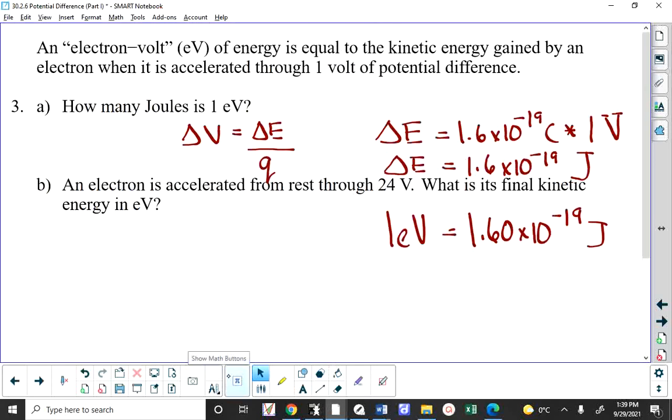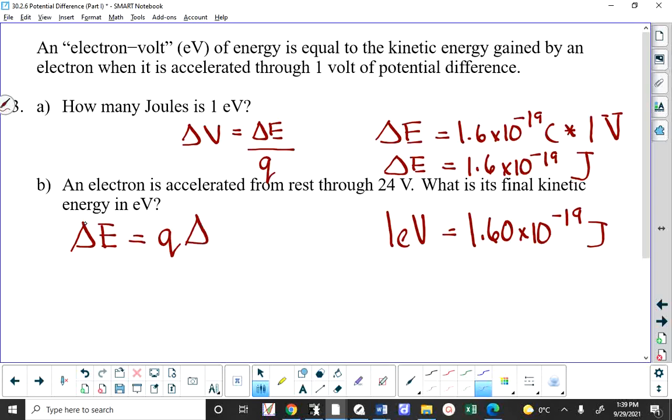An electron is accelerated from rest through 24 volts. What's the final kinetic energy in eV? Well, look, the only tool we have at our disposal is this formula, right? That's how we calculate change in energy. And the initial energy is 0 because it starts from rest. So the final energy will be the answer to this question.